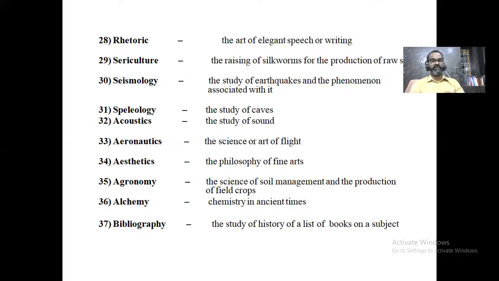The person who studies agriculture, BSc people know, is an agronomist. An agronomist is not a farmer who cultivates the crops. An agronomist is the person who studies the production of fields and crops.